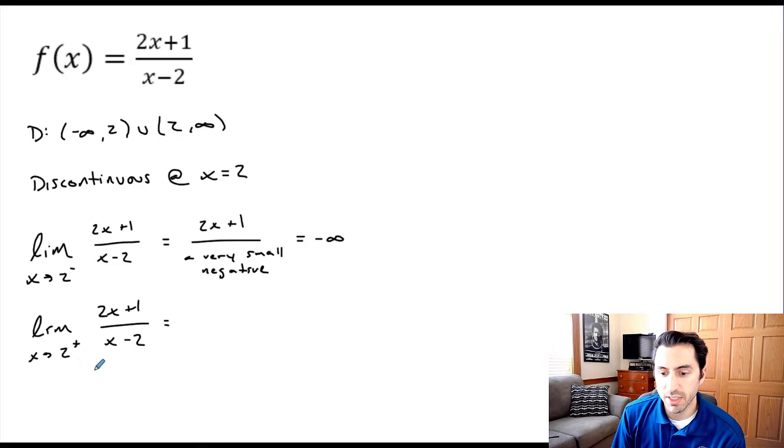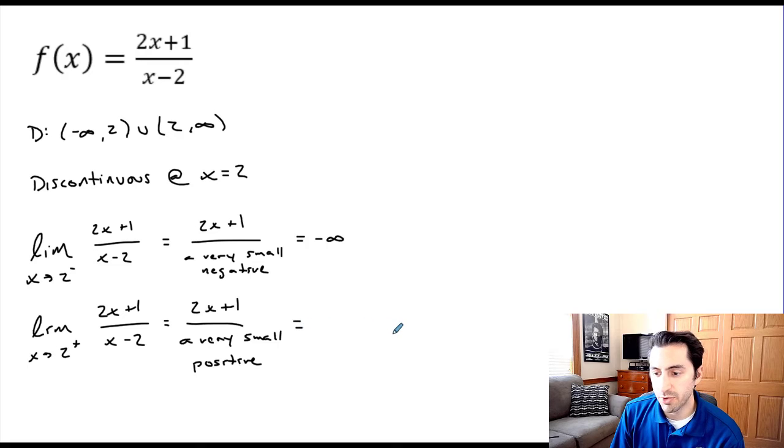Okay, same idea for the second one. So now we're going to pick out values of x that are just slightly bigger than 2. So maybe we're going to look at 2.001, for example. Well, I have a number that's just slightly bigger than 2, and I subtract 2. What I end up with is I'm going to be dividing by a very small positive number.